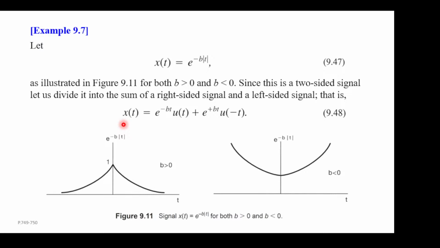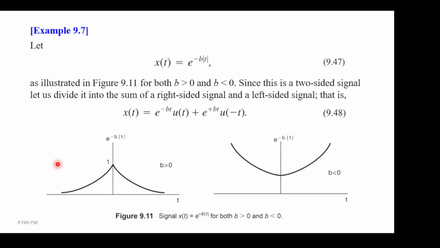Our two-sided function now is x of t equal to e to the minus b absolute value of t. We see this multiple times in the Fourier transform. It's a two-sided exponential decay. And well, we didn't say b yet, so there are two cases: b bigger than 0 or b less than 0.